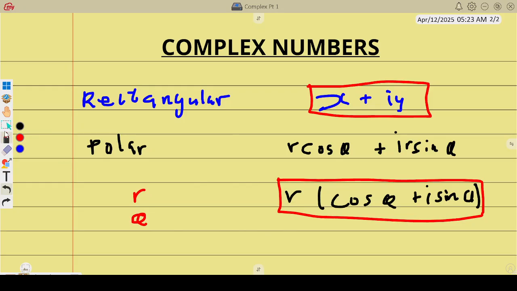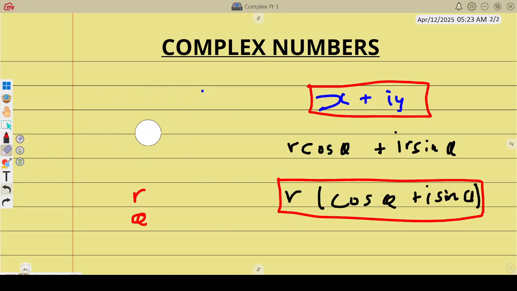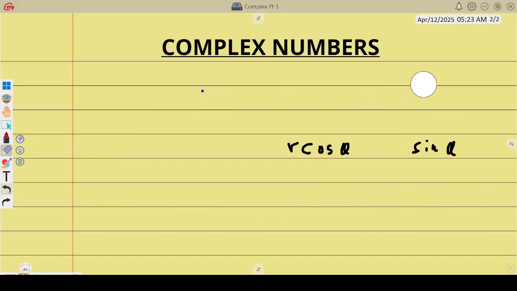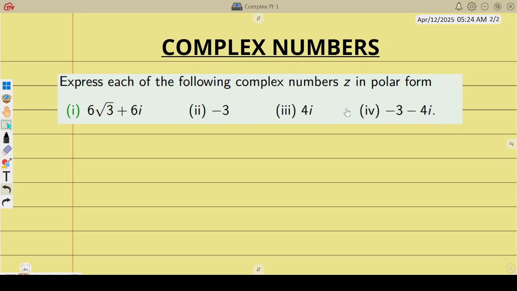There is an introductory document on complex numbers, so you should check it out. Now we're going straight to the conversions, and then we'll get to talk about graphing.